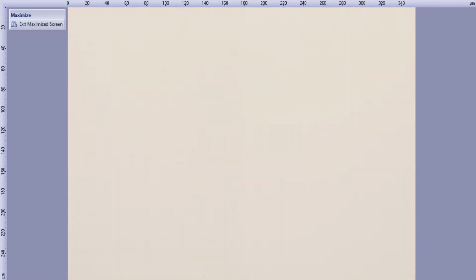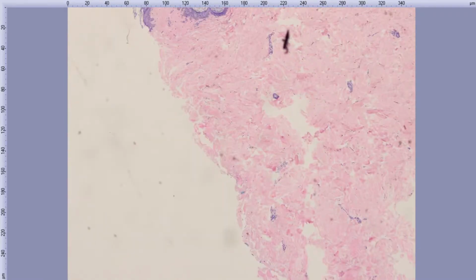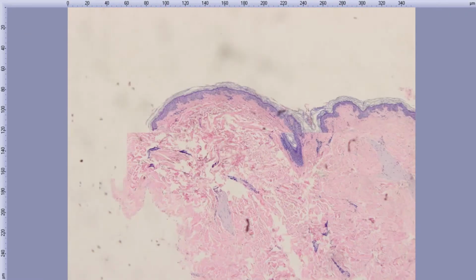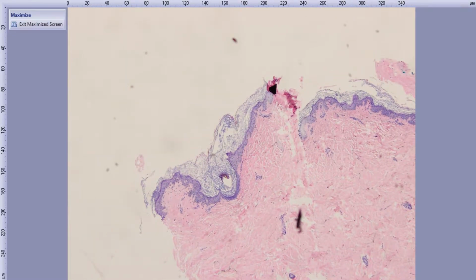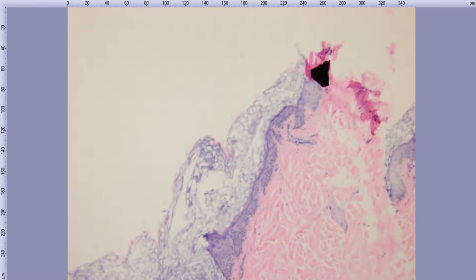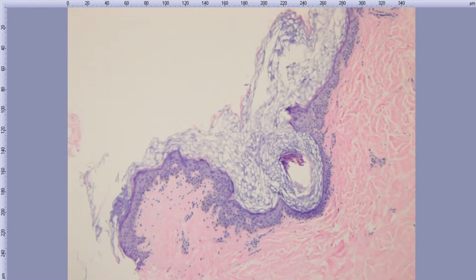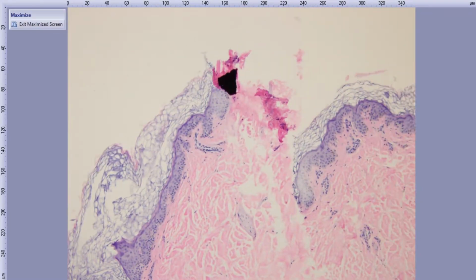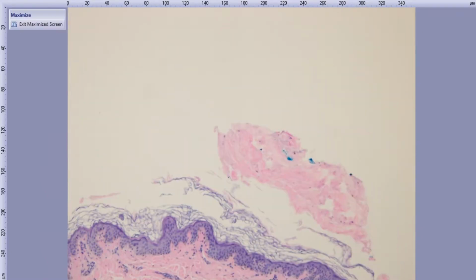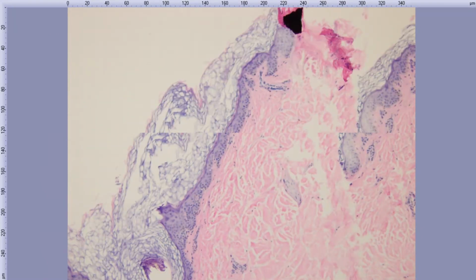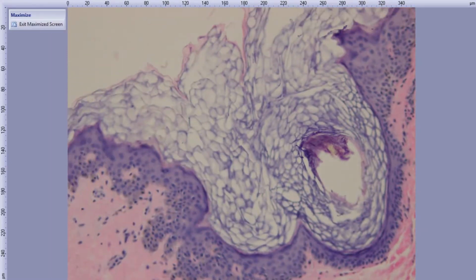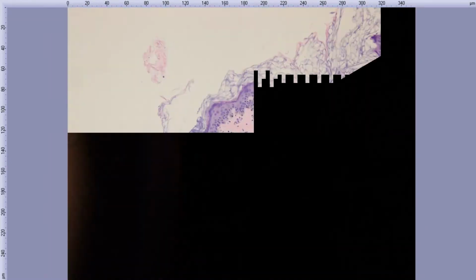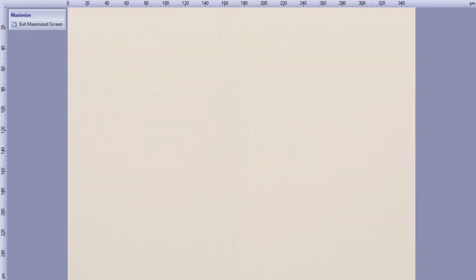Here's a differential that goes along with this one. Number 15. Number 16.